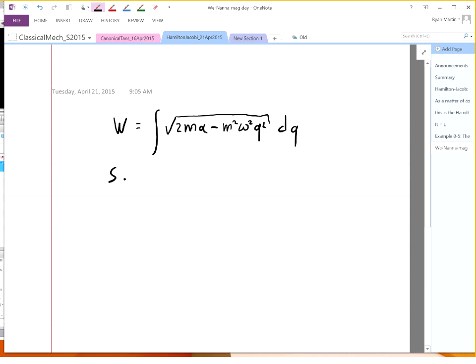And in particular, now that we found Hamilton's characteristic function W, you can find Hamilton's principal function S. Remember, S was W minus alpha t. So it's minus alpha t plus W, which is this integral.